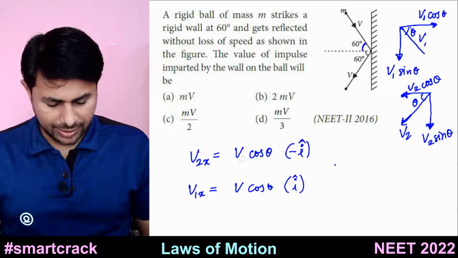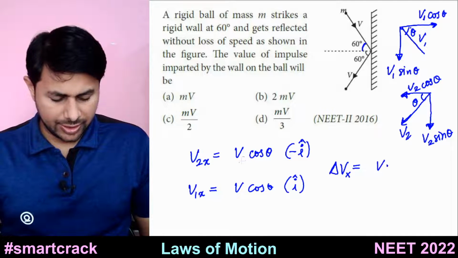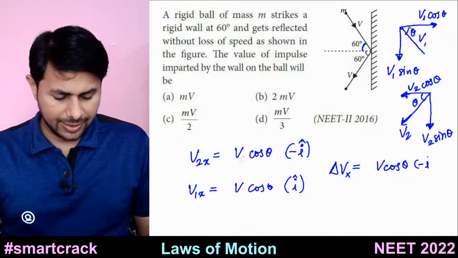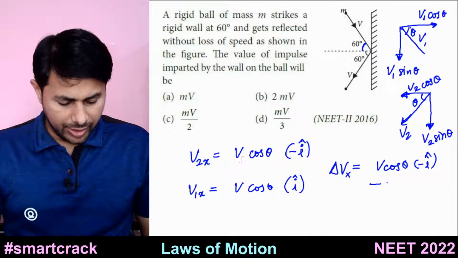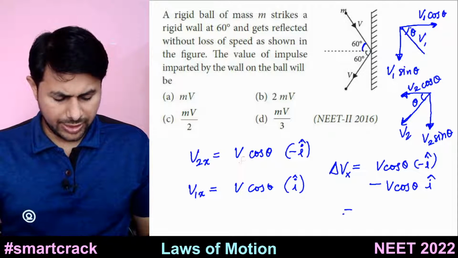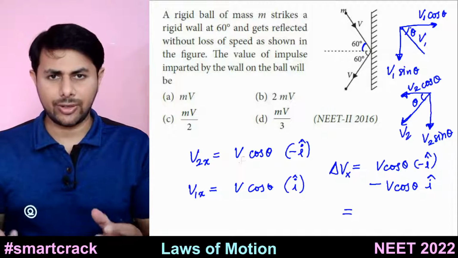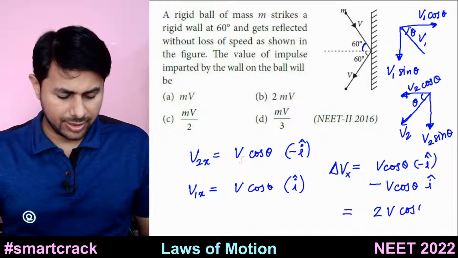The change in speed delta v along the x direction is v cos theta into minus i cap, this is the final speed, minus v cos theta into i cap. So you can take the minus sign common, it will be v cos theta plus v cos theta, so that is 2v into cos of theta.